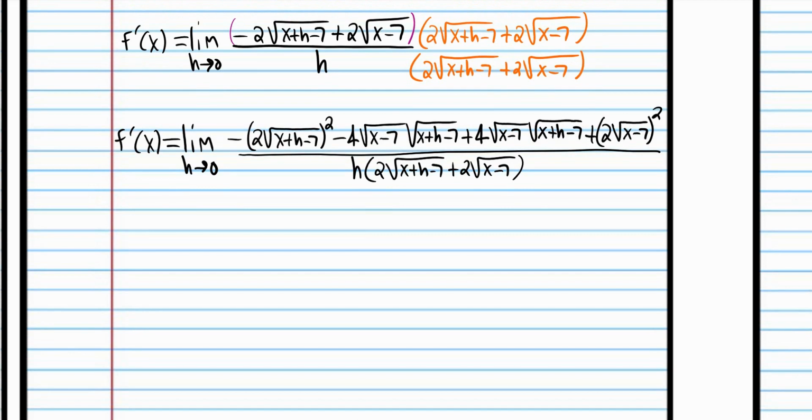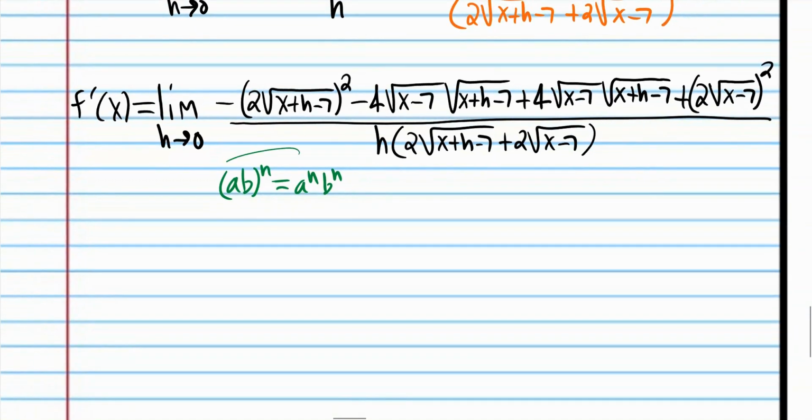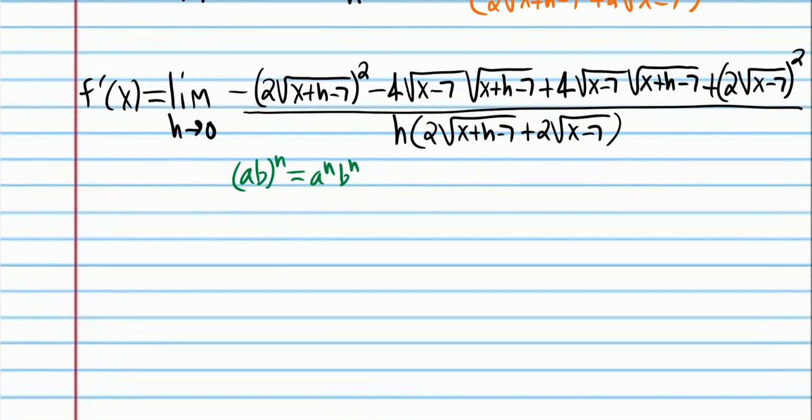So now, as you can see, these inner terms cancel out. And this term here, well, we're going to have to use a rule that we learned. This is exponent rule number 3. If you want to look it up in my beginning algebra or intermediate algebra course, we learned exponent rule number 3. That just means that you raise 2 to the second power, and that gives you 4.